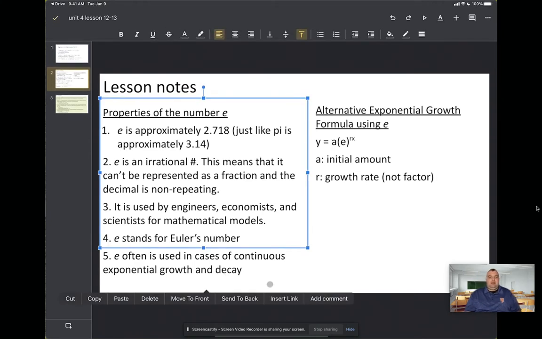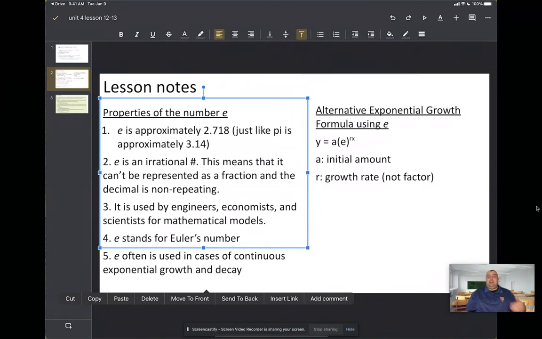What do I mean by continuous exponential growth and decay? So we have talked about previously different cases of exponential growth and decay. So let's say we have a situation where the number is doubling every time. And it's doubling every 6 hours. Say we have an element that's doubling every 6 hours.